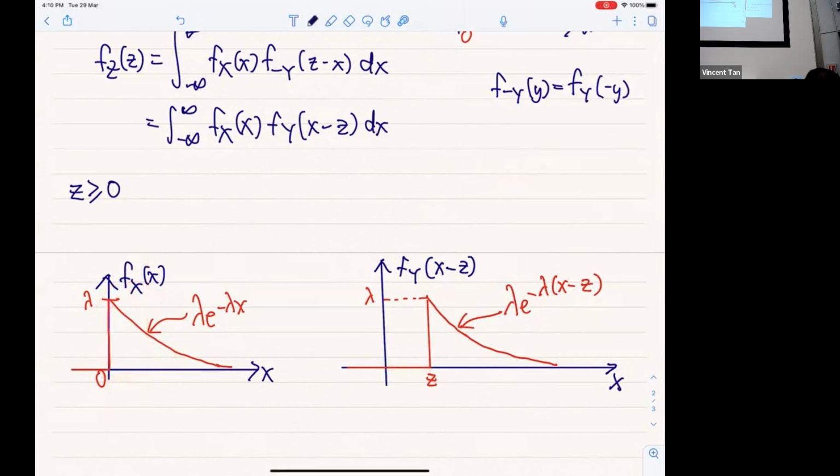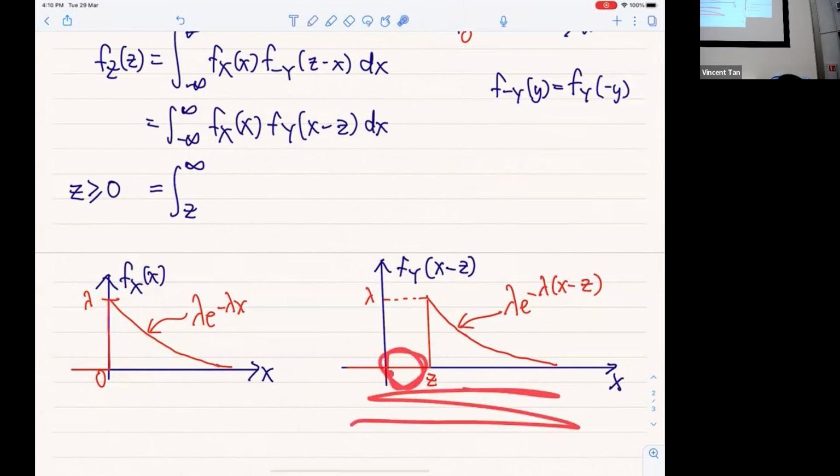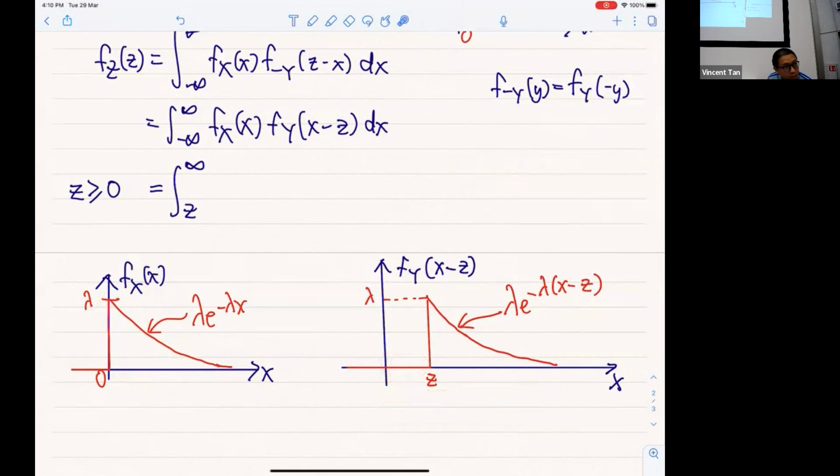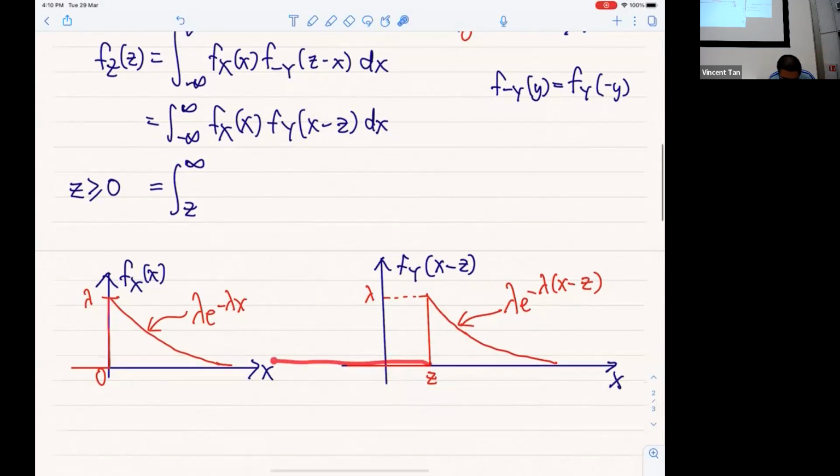And so this integral goes from z all the way to infinity, because anything less than z is truncated by this effect here. You multiply these two graphs together and imagine in your head where the zero part is: it's from minus infinity all the way to z. So the non-zero part is only this part here.